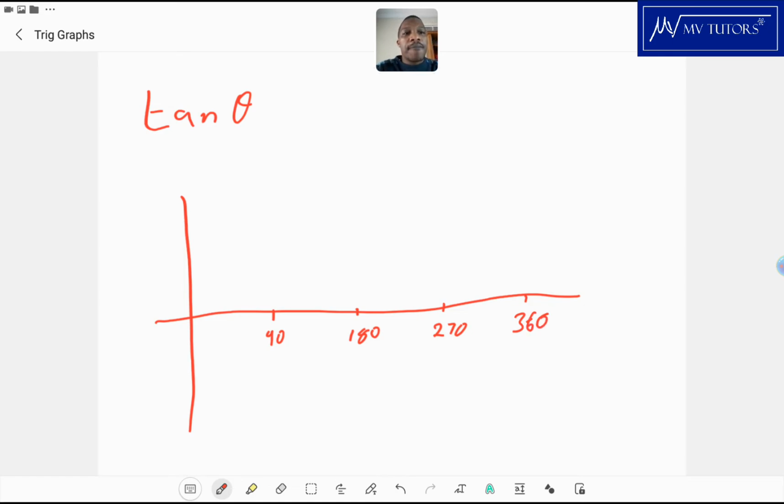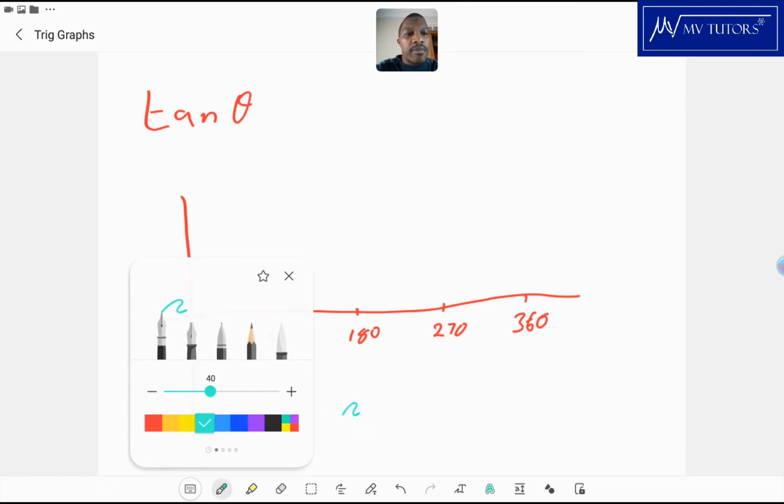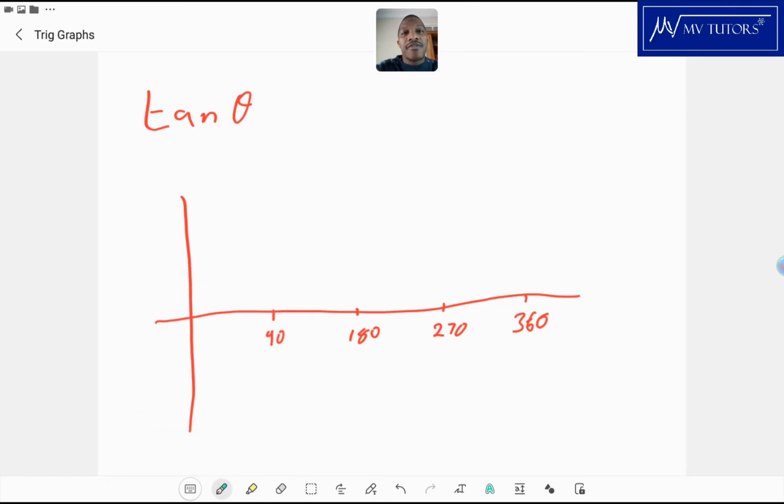Now, there is something I want you to know about a tan graph. First of all, it has what we call an asymptote. And the asymptote is on 90, and it's also on 270. It's what we call the asymptote.